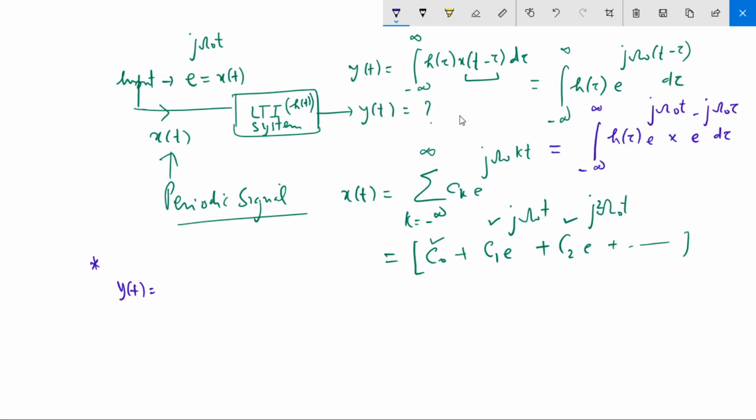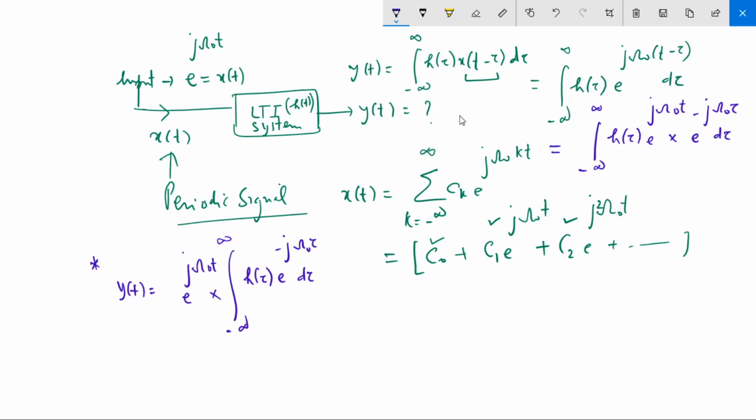Now since the integration is with respect to τ, e^(jω0t) is a constant factor and you can take it outside the integration. So y(t) is e^(jω0t) multiplied with the integral of h(τ) e^(−jω0τ) dτ.